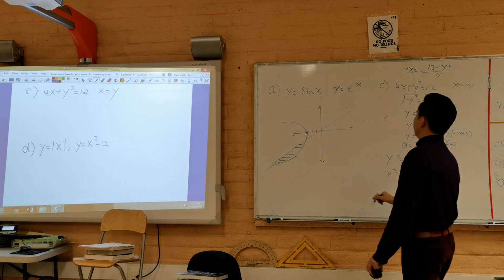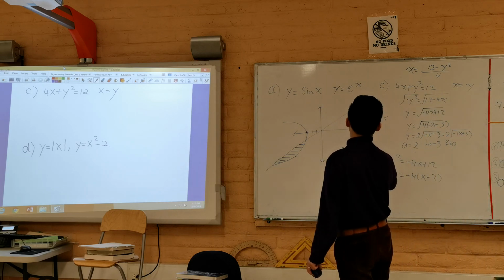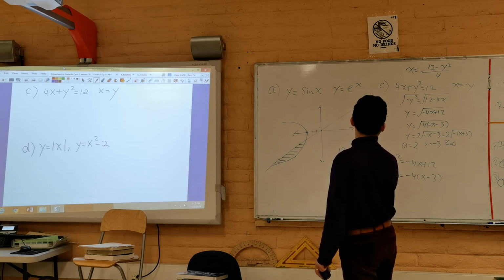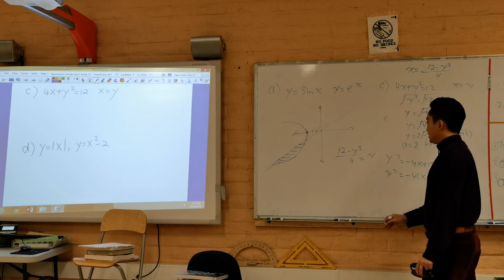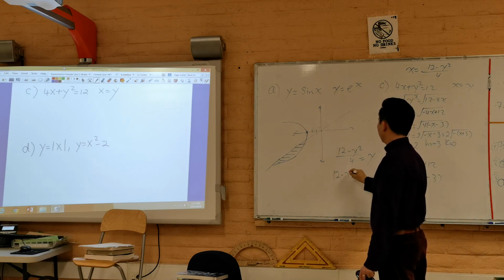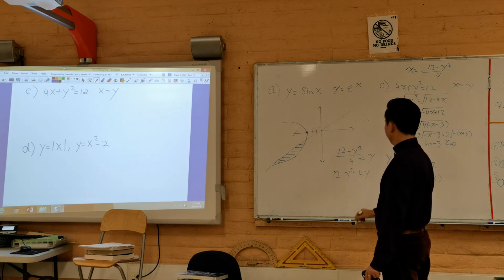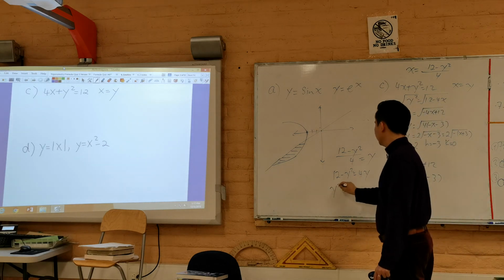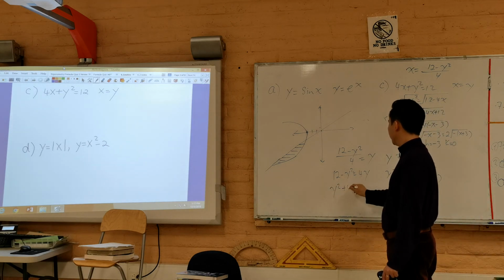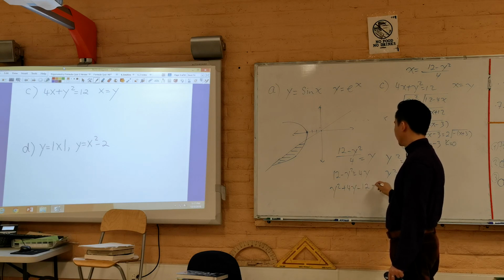Okay, so let's just set that 12 minus y squared over 4 equal to y. So multiply by 4 on both sides, so we do have 12 minus y squared equals 4y. And then bring everything together, so we do have y squared plus 4y minus 12 equals 0.